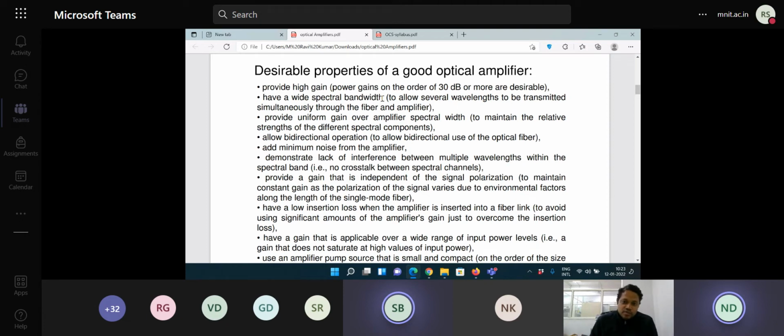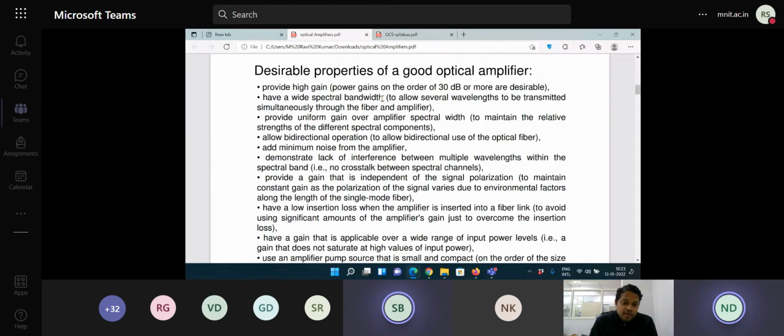The insertion loss: whenever a component is inserted into a communication link, a loss is introduced in the link, because you must introduce some means, most likely connectors.